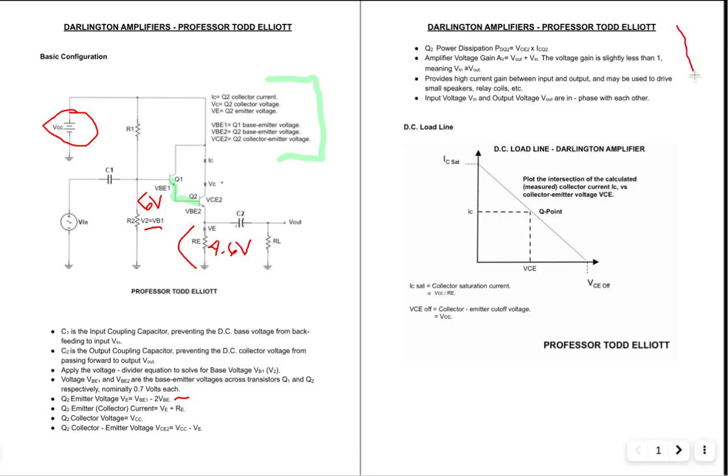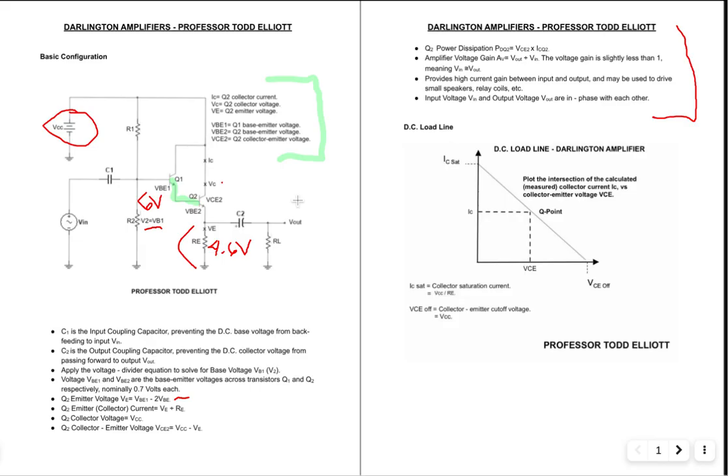Power dissipation. Q2 is really the most important of the transistors. It's handling the load current. And if you're handling a lot of current, that means those transistors are going to be power transistors, possibly heat sinked. They need to dissipate the power.